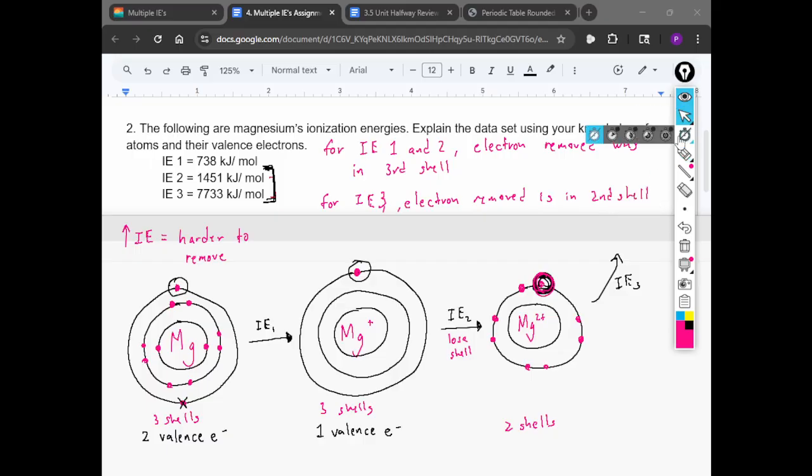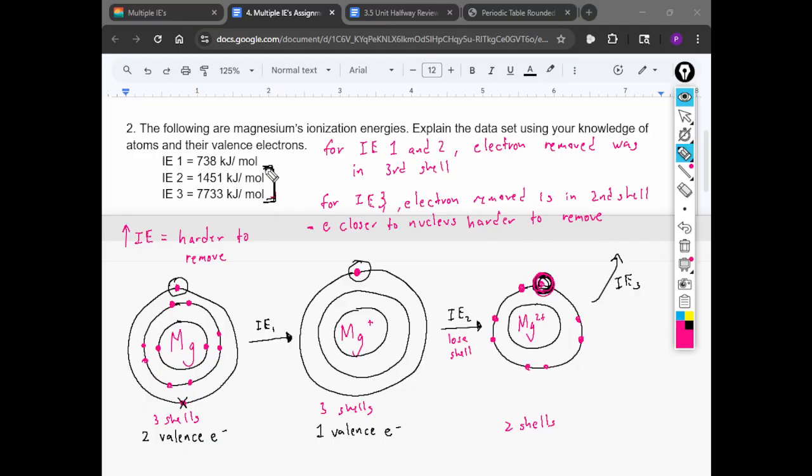Based on what we learned already, it's harder to take an electron away if it's in a closer shell, because it's closer to the middle. And so the conclusion is that electrons closer to the nucleus are harder to remove.